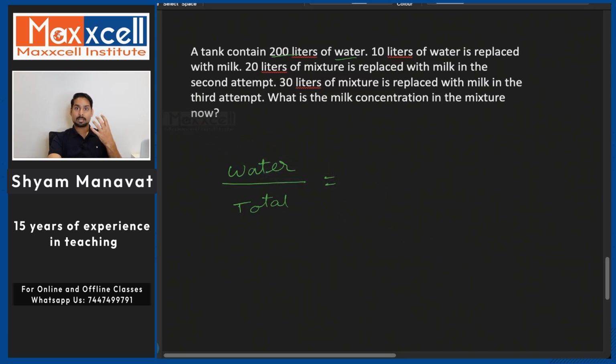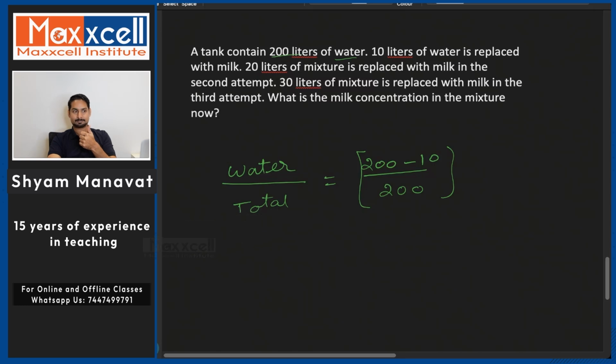So you're removing water and replacing with 10 liters of milk. First time you remove 10 and add 10, so you get a new mixture having water by total ratio as (200 minus 10) by 200.